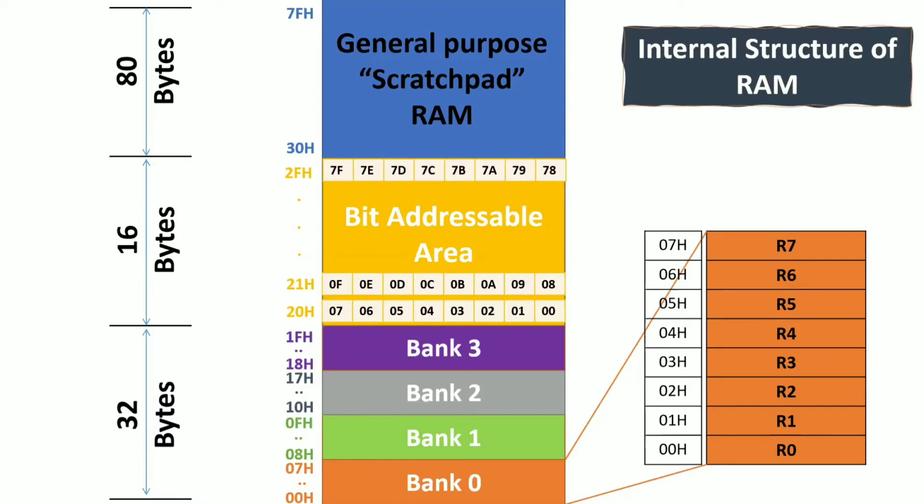There are move, add, subtract, multiply, divide, shift, and logical operations like AND, OR, XOR. For each and every operation, if you want to use a particular register, you get 32 different opcodes. Having more opcodes is a problem, right? So to reduce the number of opcodes, we have divided the registers into banks.